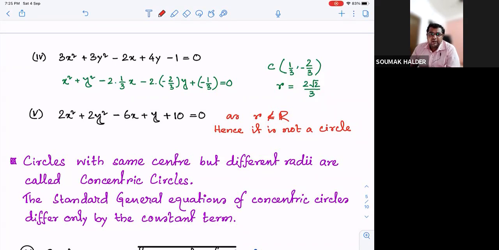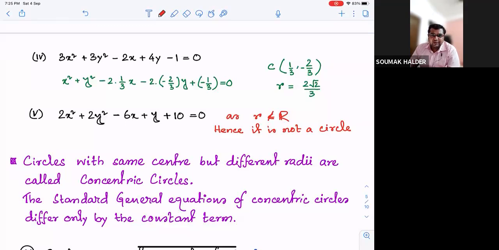And if we consider the standard general equations for concentric circles, they will differ only by the constant term. And why will it happen so? If we consider the standard general representation of any circle, the first four terms are supposed to be x square plus y square plus 2gx plus 2fy, where minus g and minus f are the center.